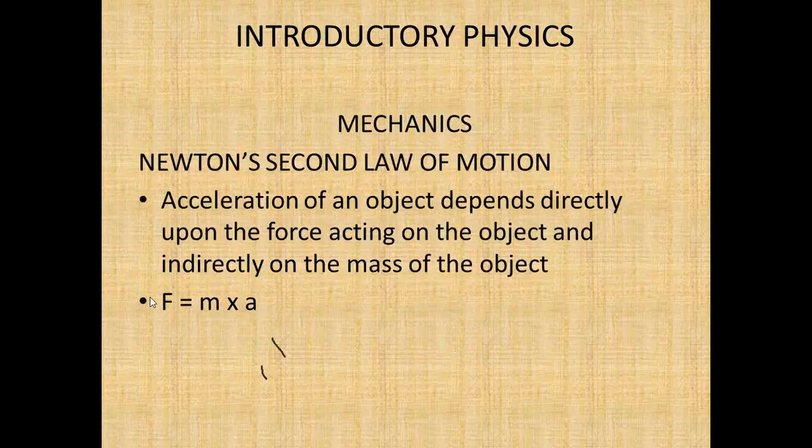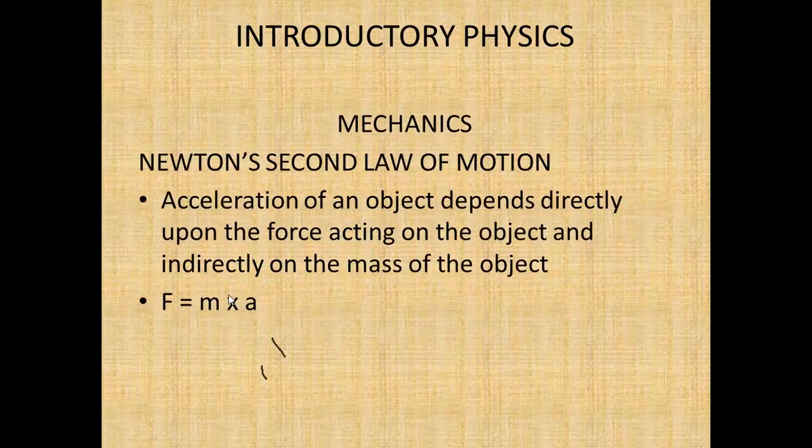So when you do your algebraic summation of the forces, it's not just force, it is the net force equals the mass of the object times the acceleration of the object. So the greater the net force, the greater the acceleration. The greater the mass, the less the acceleration.